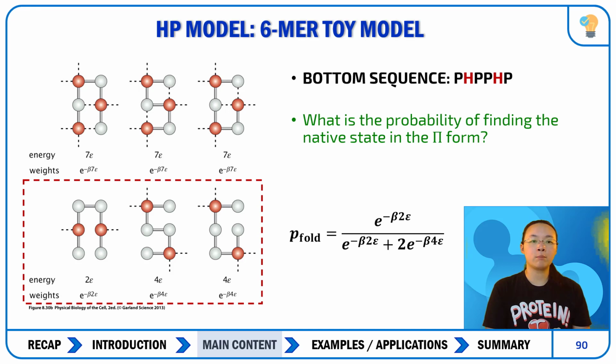Looking back at our bottom sequence, let's try to calculate the probability of finding that U or pi shape form. We have the weight of the U shape over the total weights of all the shapes. So the weight of the U shape is simply here, e to the power of negative beta 2 epsilon, and the total weight is all three of these weights added together.